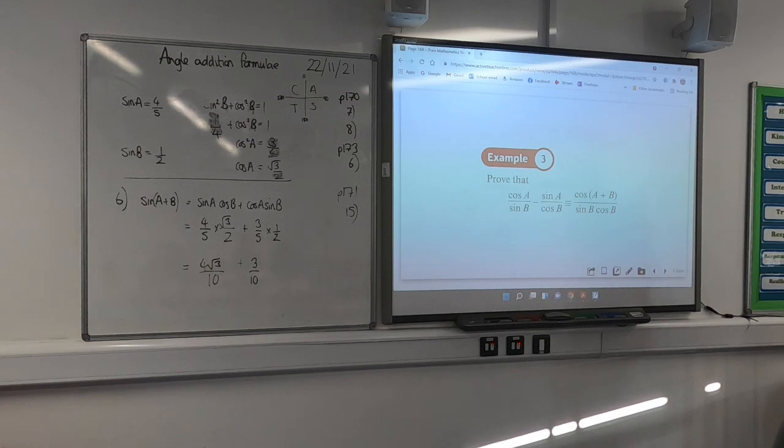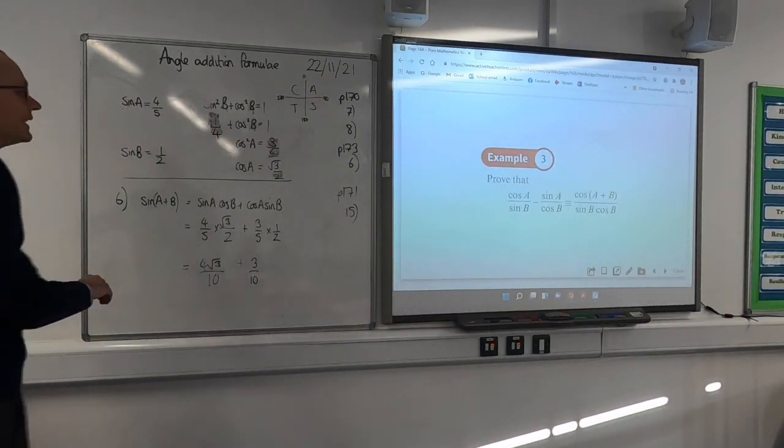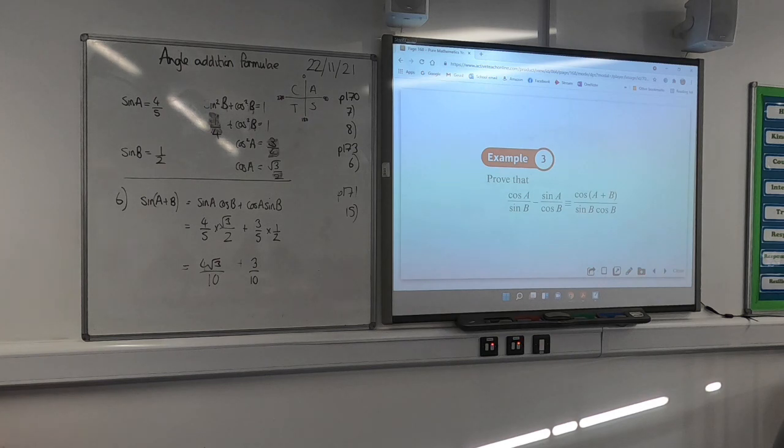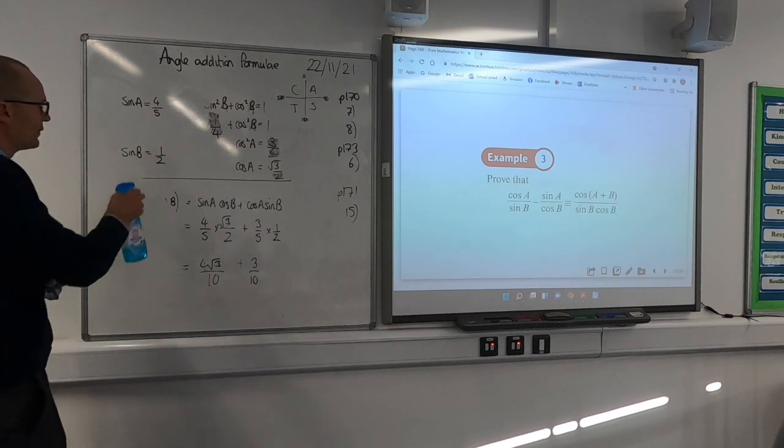We can either fiddle with the left-hand side or the right-hand side, but really we want to make one equal the other. Now I'm going to encourage you in this case to leave the right-hand side and consider the left-hand side, because it is much, much easier. It all falls out really nice and quickly if you do that.